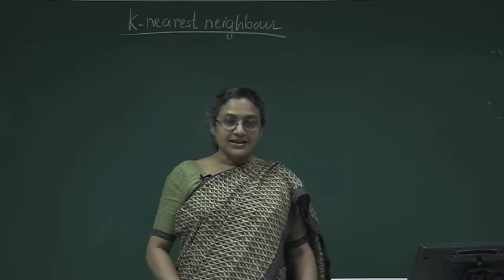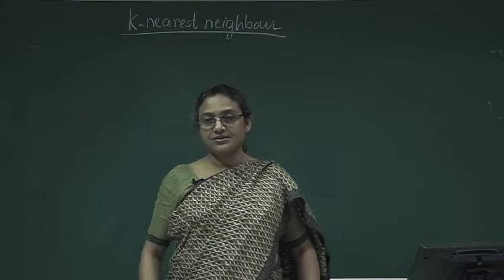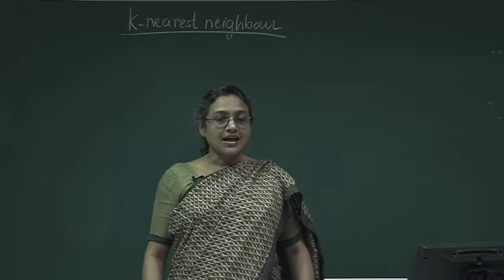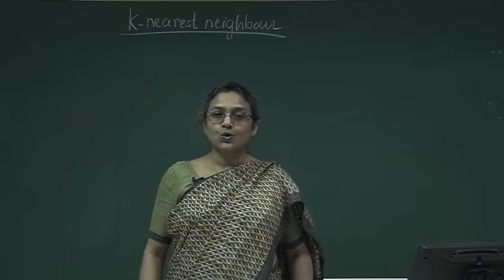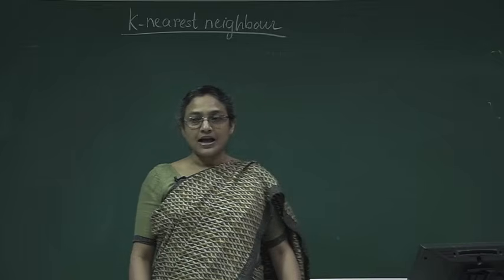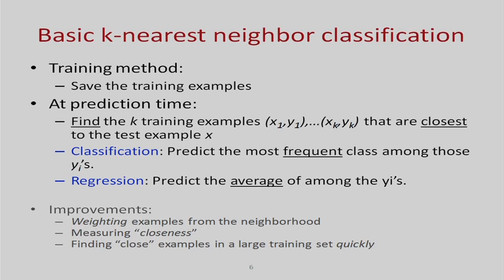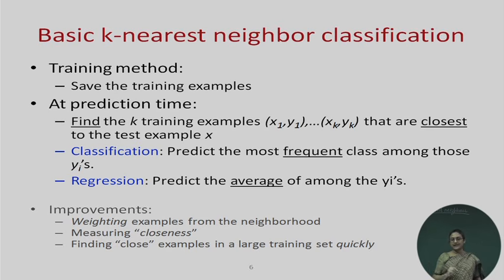The third issue which is important, which we will discuss later, is how to find the closest points quickly at runtime. As we have seen in such lazy algorithms, during training time we do not learn a model. At prediction time we get a point and find the nearest instances.